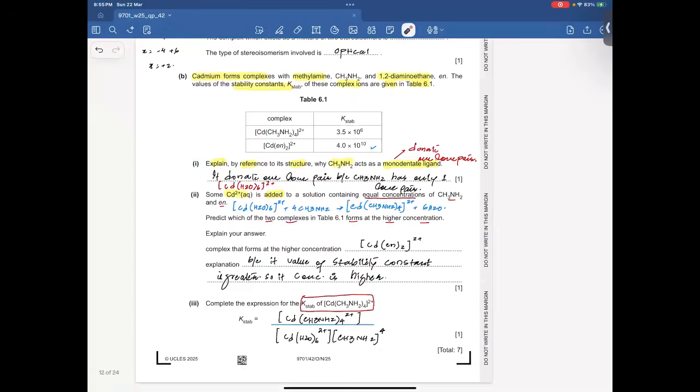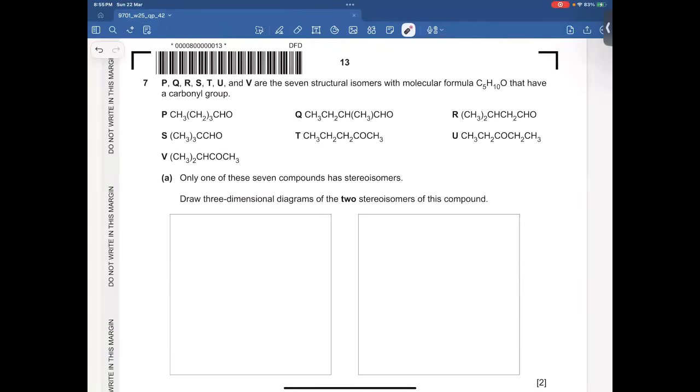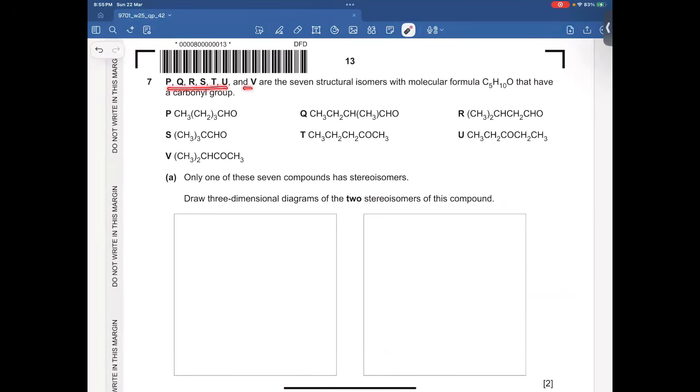Let's move on. Question number 7. Oh my goodness. P, Q, R, S, T, U, and V are the 7 structural isomers with a molecular formula that have a carbonyl group. Now, either it could be aldehyde or ketone. Only one of these 7 compounds has stereoisomers.